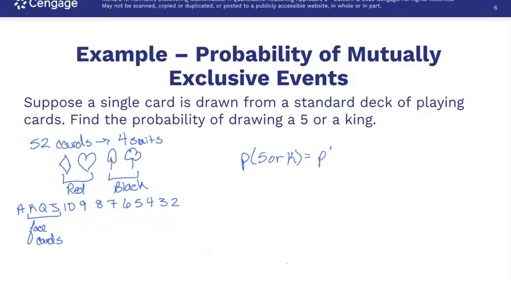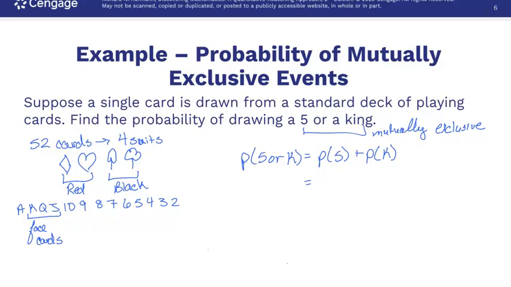It would be the probability of a 5 plus the probability of a king, because these are mutually exclusive, which means that we cannot draw one card that is a 5 and a king.